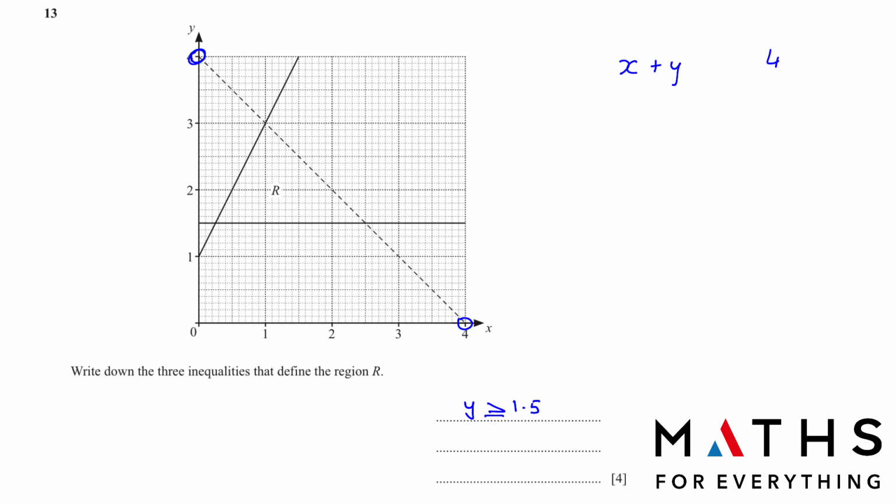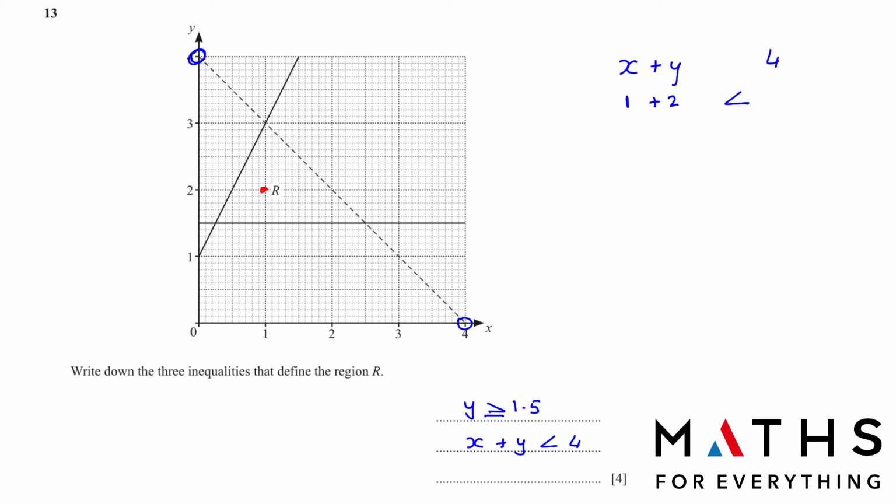So I'm choosing this point here where x is 1 and y is 2. Replace it. X is 1 and y is 2. Is it less than or more than 4? It is less than 4, right? So this is the second inequality. X plus y is less than 4.